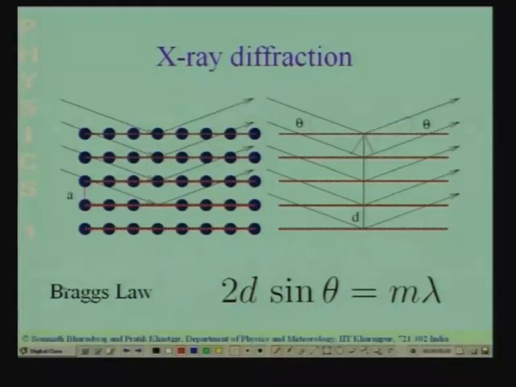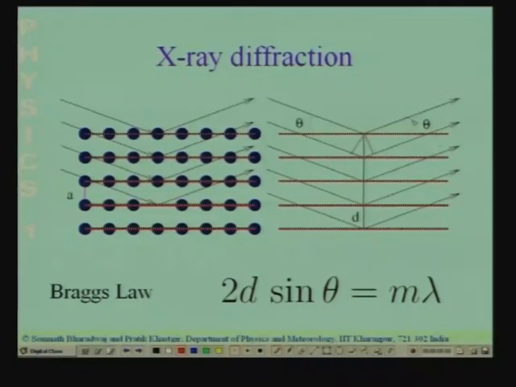So, if I consider a situation where the X-ray is incident at a grazing angle theta, we want to see what is going to be the intensity of the radiation that is scattered out, rather reflected out from these planes.